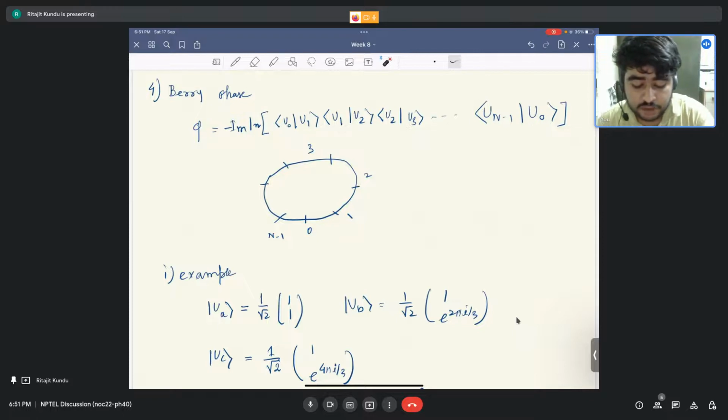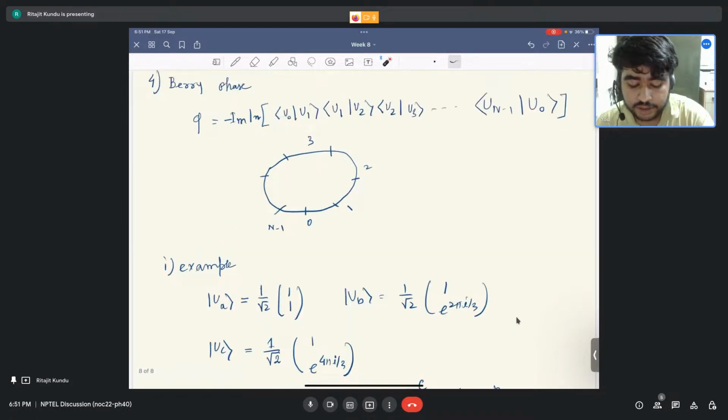And first look at this term, u0 and u1. So what does it do? It takes the inner product between these two states, which are close in parameter space. The next term is u1 and u2, inner product between u1 and u2. So that will take the inner product between these two states, and u2, 3 will take the inner product between these states.